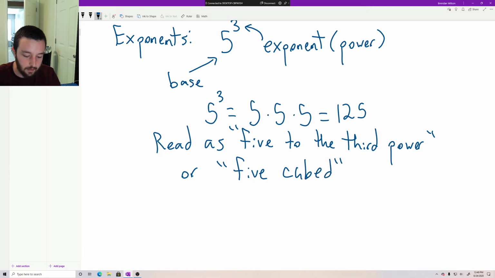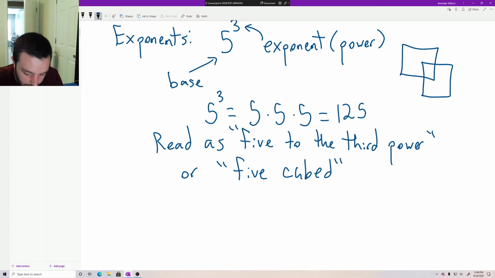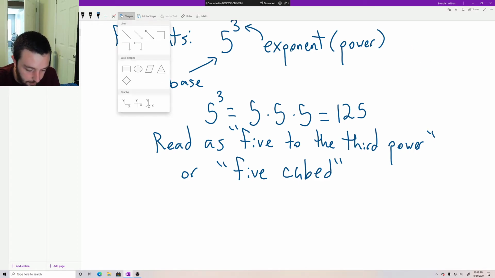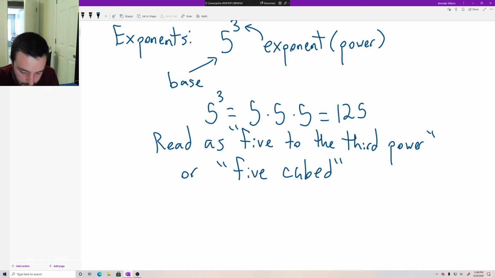Okay. So the 3 part is sometimes referred to as cubed, and that's because if you had a cube, right, I can try to draw a cube here. Actually, I think I can just put a shape in. Let me do that. I don't think it has 3D shapes, so I'll just draw a cube.